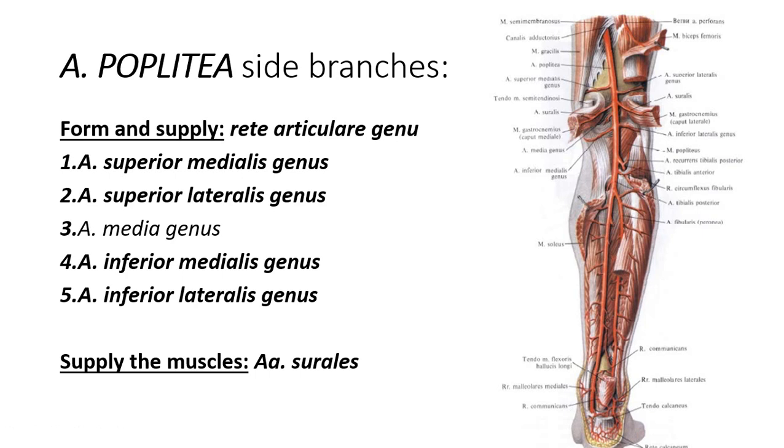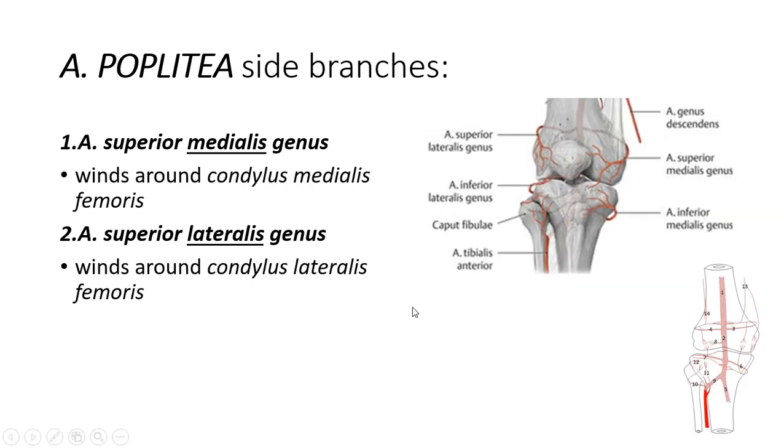And so let's take a look at these branches. The first pair of branches are the arteria superior medialis et lateralis genus. Here we have the lateral and here we have the medial branch. You can see from the arteria poplitea they go from the posterior surface to the anterior, and they grab the condylus lateralis et medialis femoris, right?